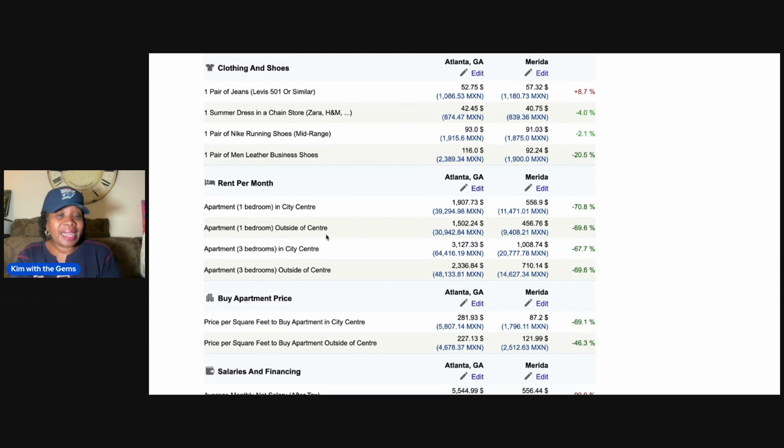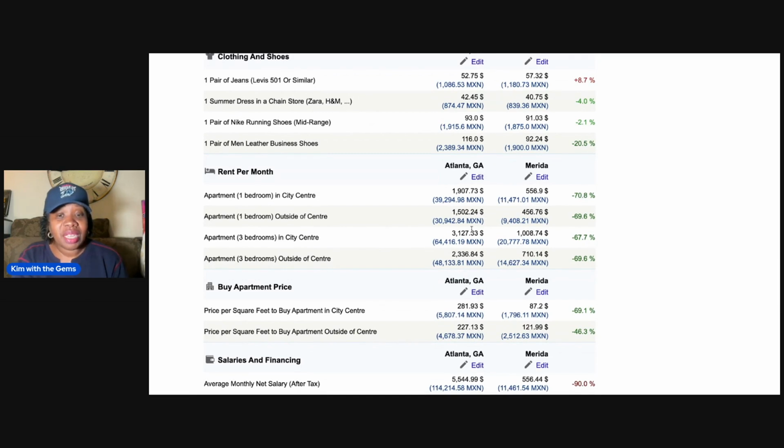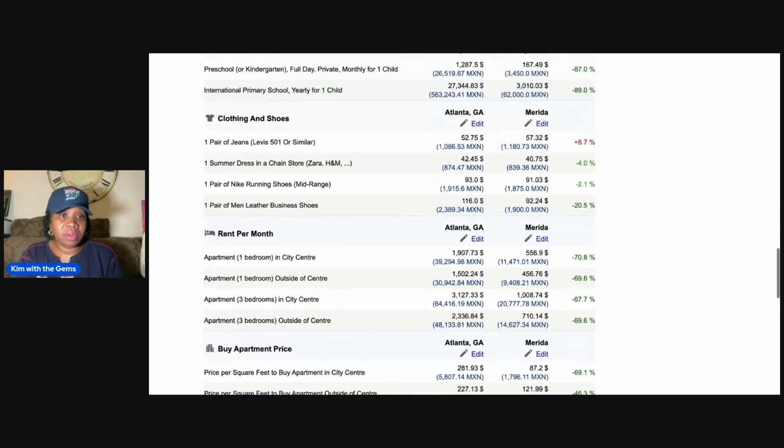Maybe the heat's not too bad after all, huh? And then if you're looking at a 3-bedroom, you're looking at over $3,100 in the center of Atlanta, where it's just over $1,008, or let's say $1,009 in Merida, which is a 68% differential.